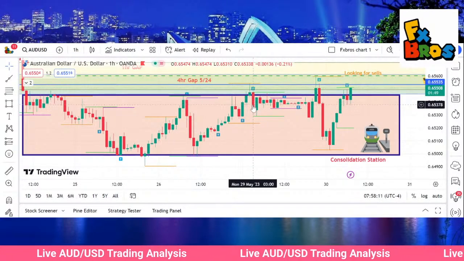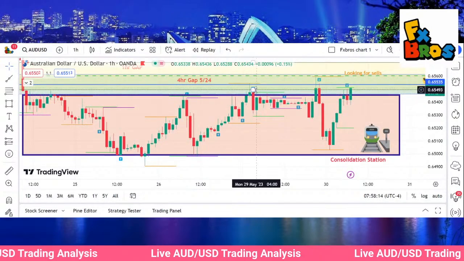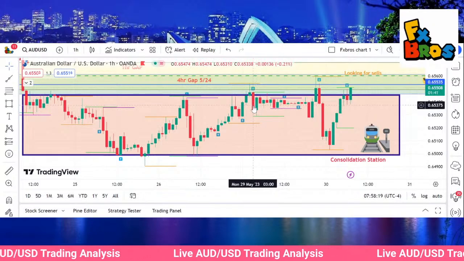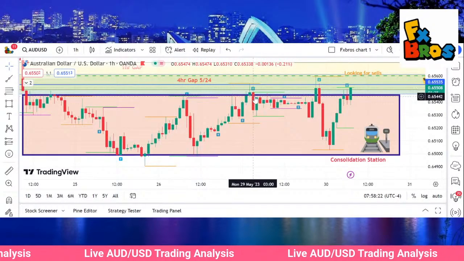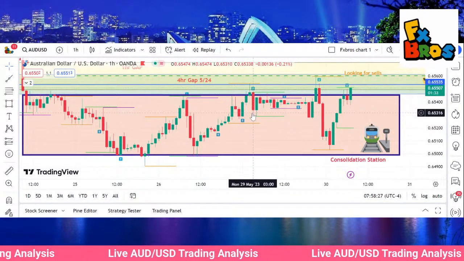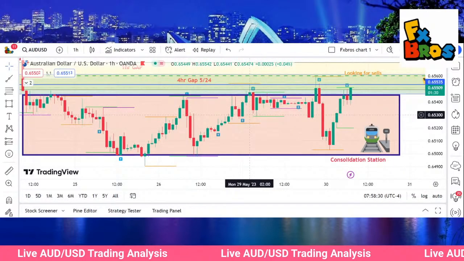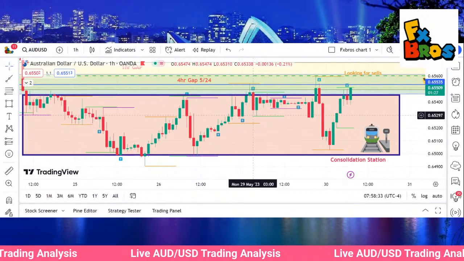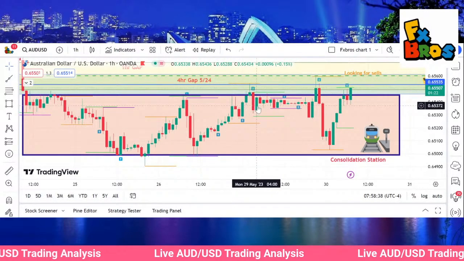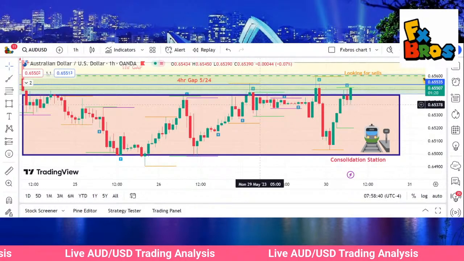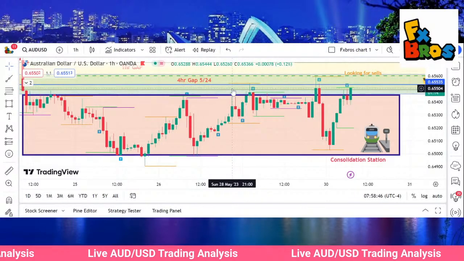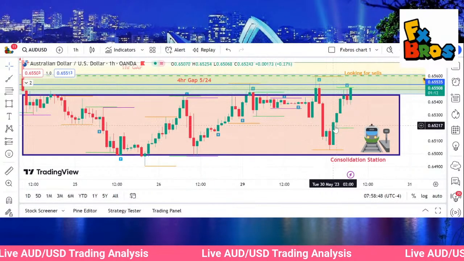Then 3 o'clock in the morning, we get an entry. It's a weird one because, like I said, when we get a candle to engulf more than two, typically more than 3 candles, I expect a strong rejection from that engulfing, just like we see here, but on the 4 hour, I expect to see that type of reversal. And this was our first sign of that reversal with this engulfing.